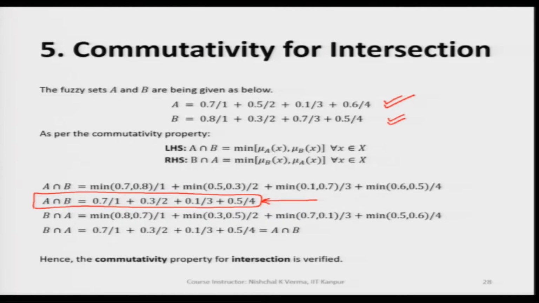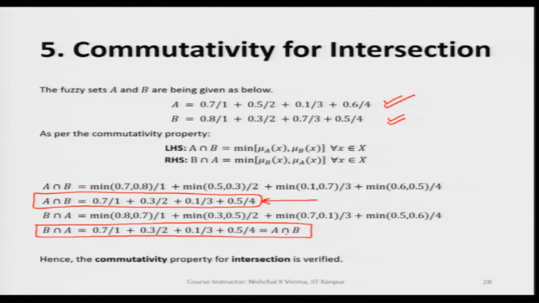This A intersection B is 0.7/1 + 0.3/2 + 0.1/3 + 0.5/4 as the outcome. Now, let us see what we are getting when we take B intersection A.